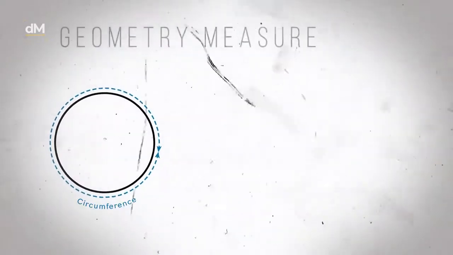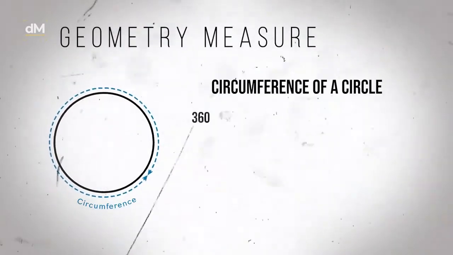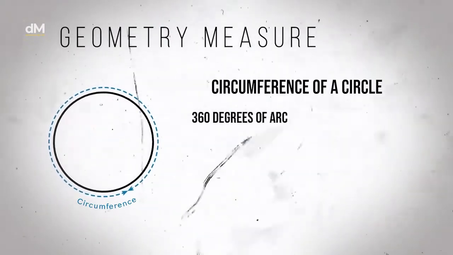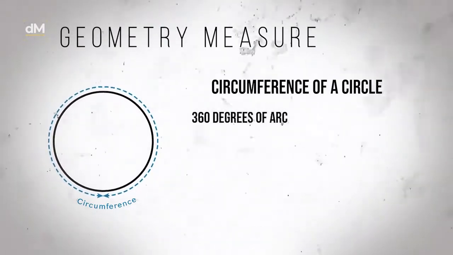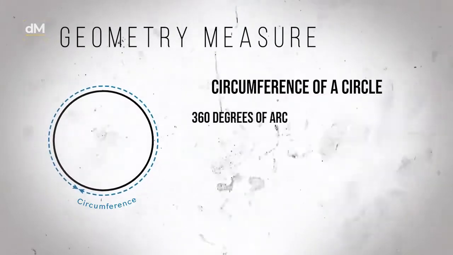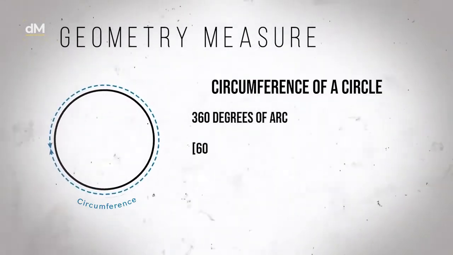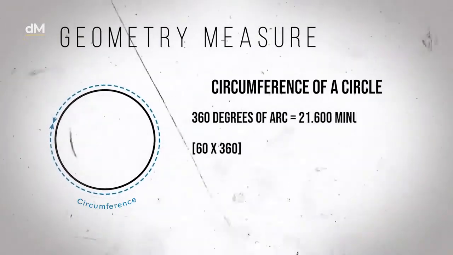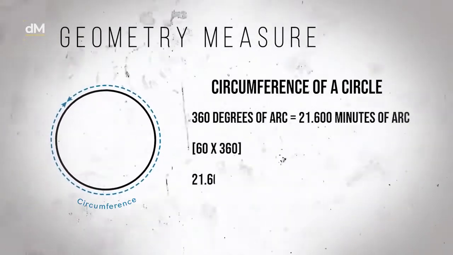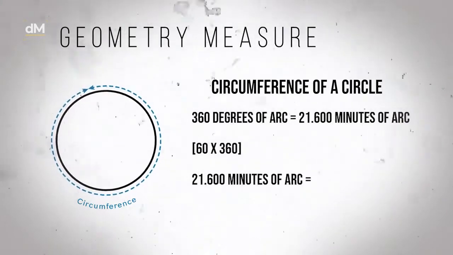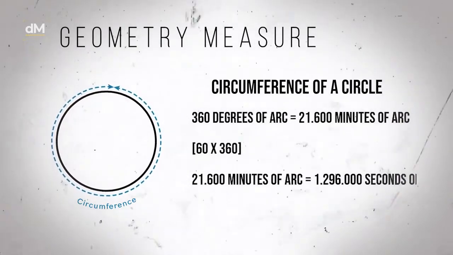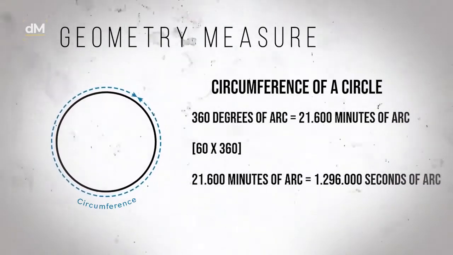Geometry: everybody knows that the circumference of a circle is divided into 360 degrees, and each degree is subdivided into minutes of arc. There are then 60 times 360, as it says there, 21,600. And you'll notice the 21,600 minutes of arc equals 1,296,000 seconds of arc.